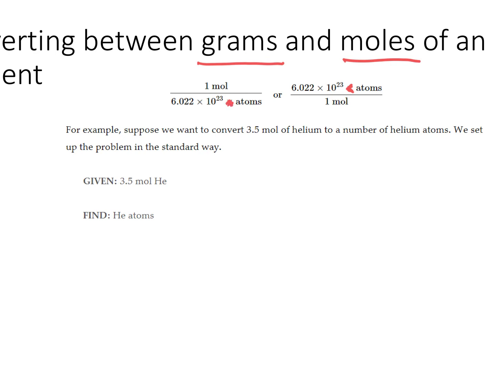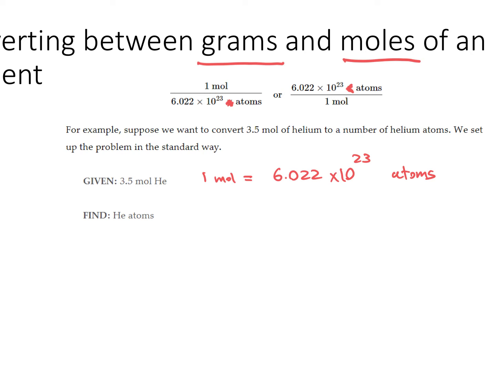As we said, 1 mole equals 6.022 multiplied by 10 to the power of 23 atoms. It can also be molecules, it can also be ions, it can also be pennies, it can also be people, right? This is a number, and as we said, it's a really, really large number.